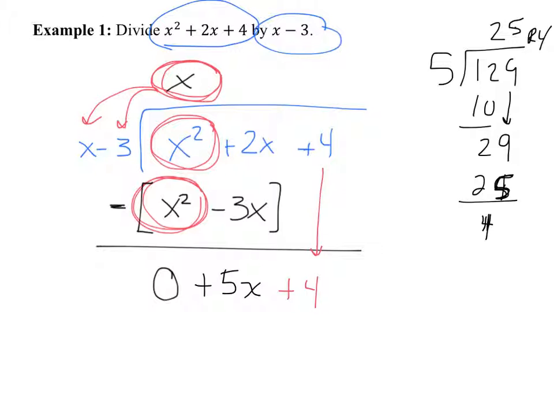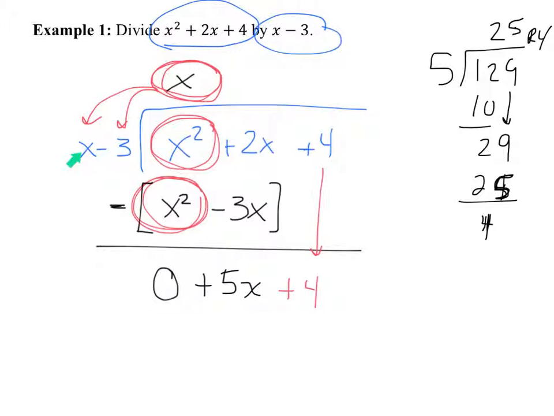Then we have to ask ourselves the next question. What should go here? Look up when I'm saying this so you can see. What should go here, so that when I distribute it to both of these, I get the same as what I see here? I want to get this quantity right here.